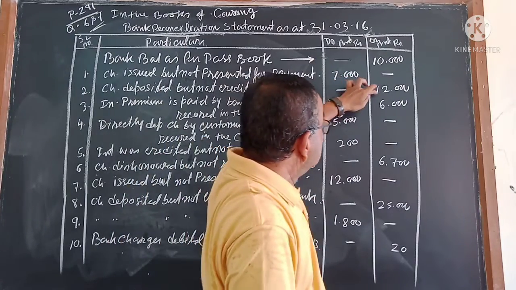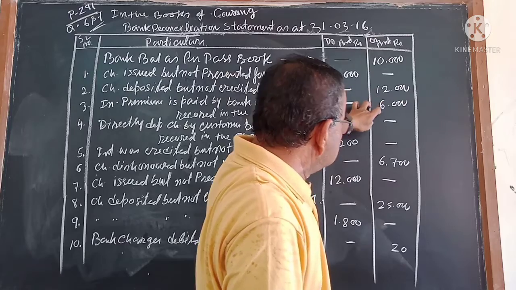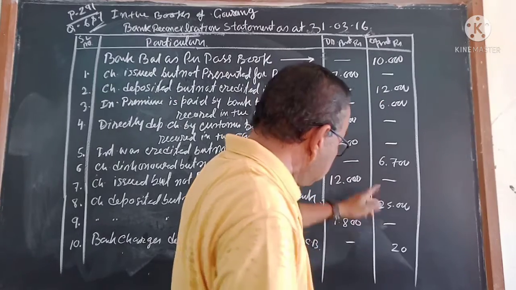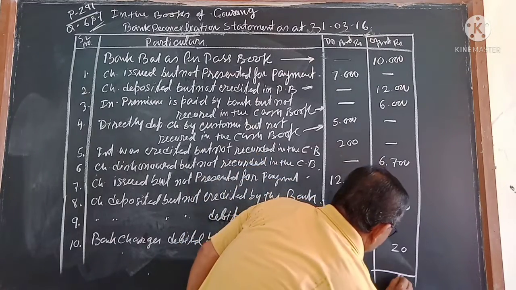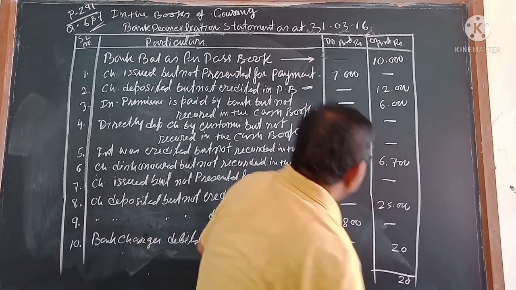But here you will get 22 plus 6, 28. This side is more, already 25,000 is here. So how much is adding? And we are getting here 20.